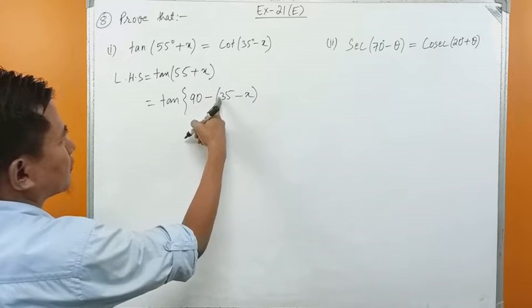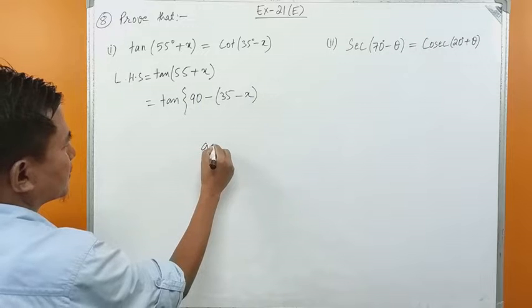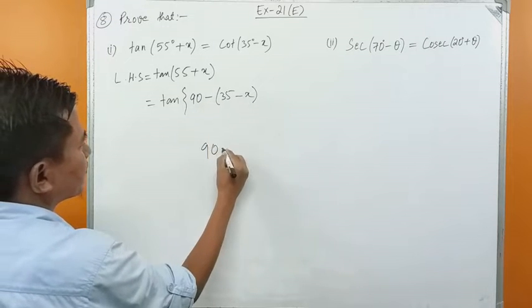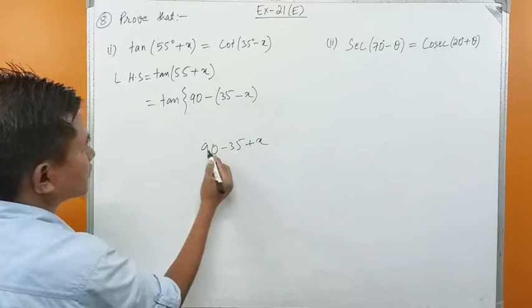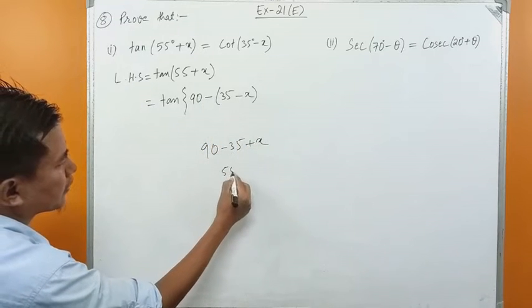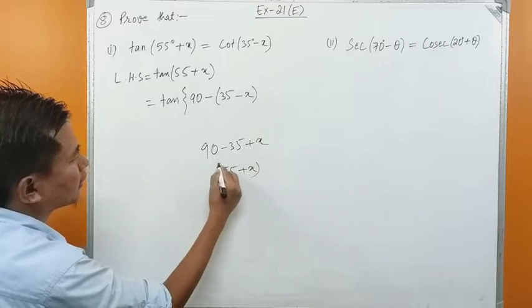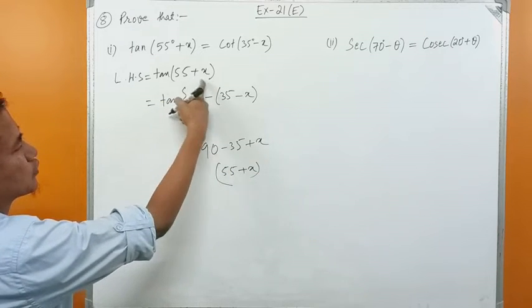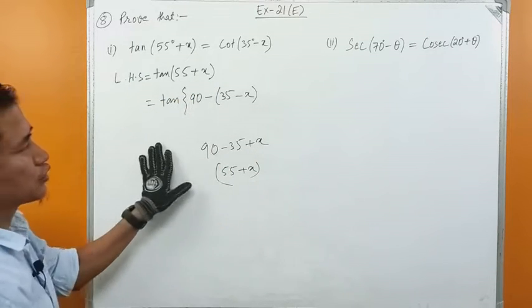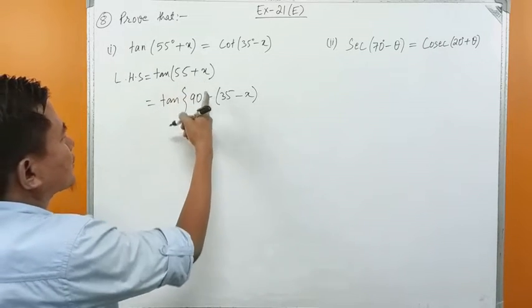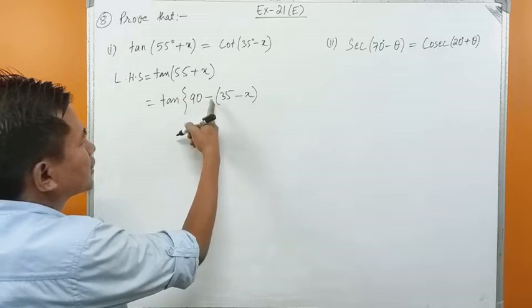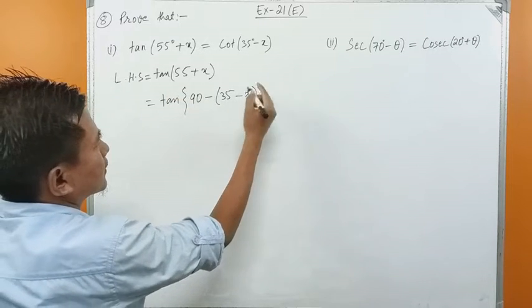Minus into plus, 90 minus 35, and minus into minus, plus x. This means 90 minus 35 is 55 plus x. The value should not change. 55 plus x should remain unchanged. So you can write tan (55 plus x) in the form tan (90 minus (35 minus x)), isn't it?